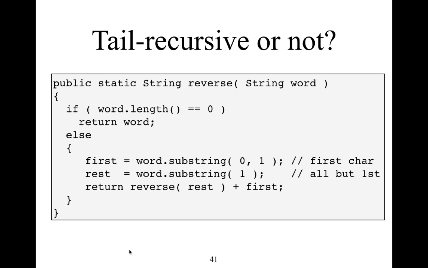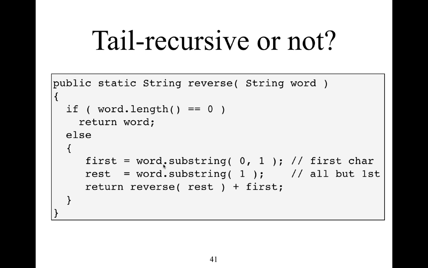Okay, is this tail recursive? Okay, here we have a string reverse. If the length is 0, we return it because it's an empty string.